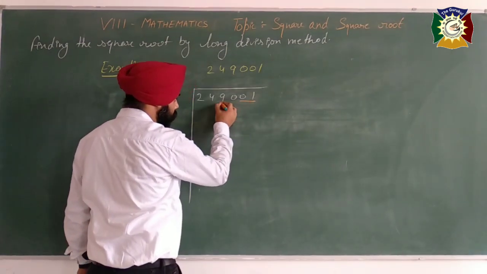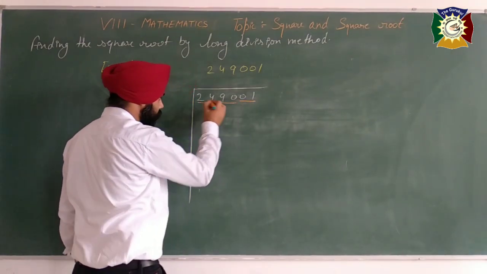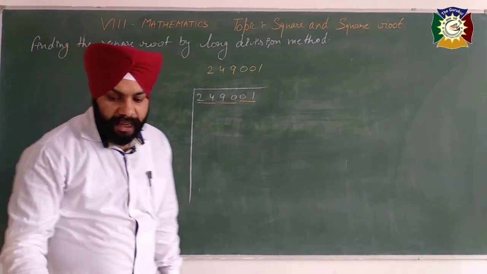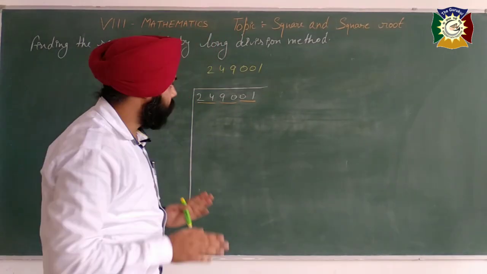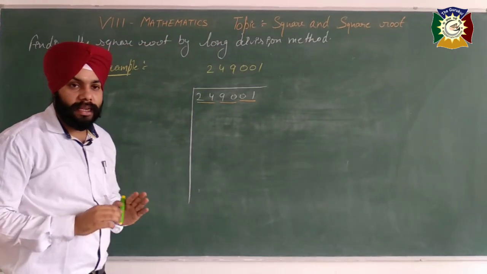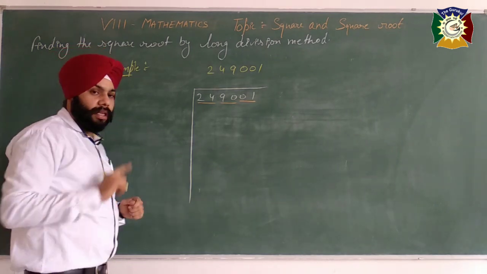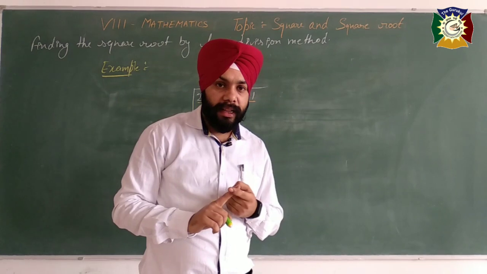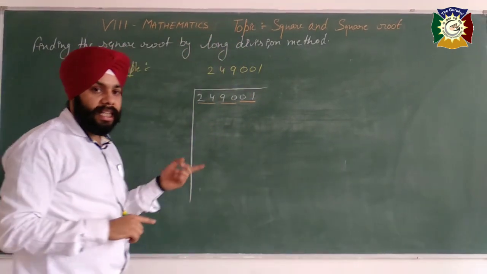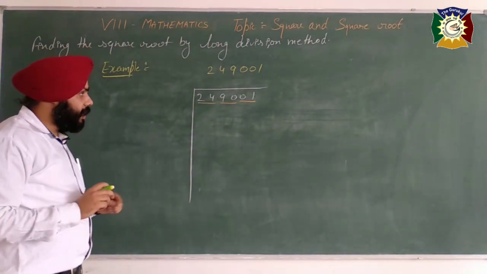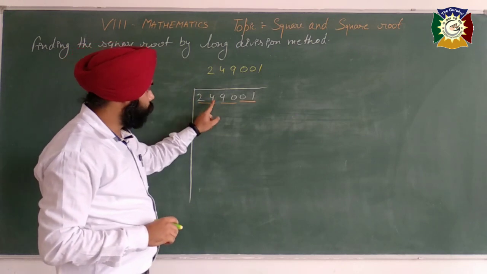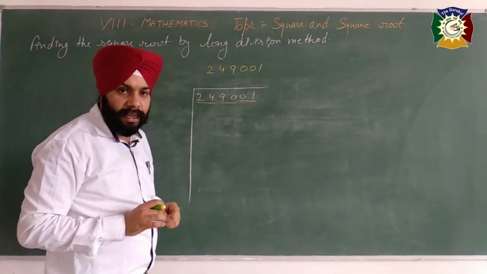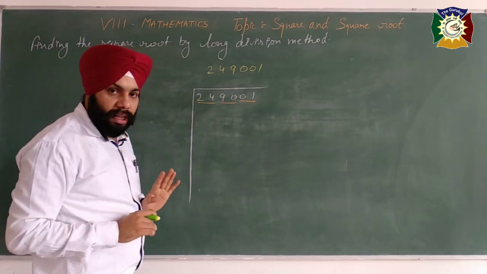One pair, second pair, and third pair. After that, we know the division method, and we use a similar method here. First step: choose a number such that when we multiply it by itself, we get a number equal to 24 or less than 24.